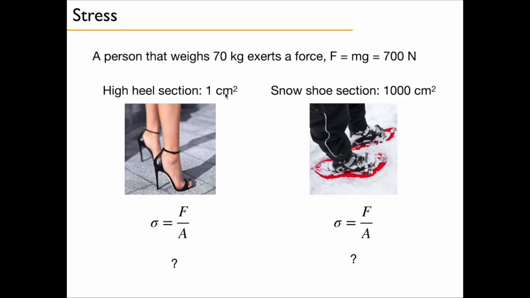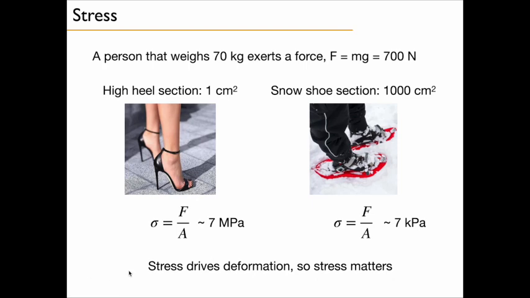And the high heel section is very small, 1 centimeter square, while the snowshoe section is 1000 centimeter square. The stress is the force divided by the area. So let's compute the stress exerted by this person with high heels, and the stress exerted by the same person, but this time wearing a snowshoe.